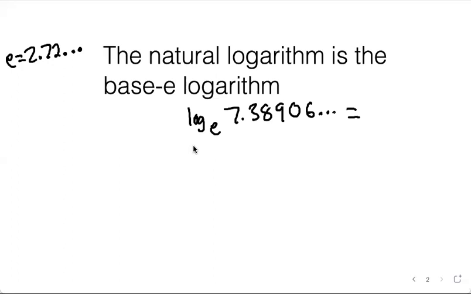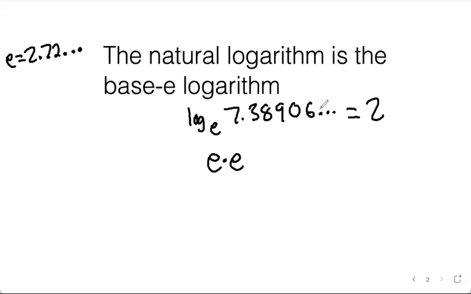Well, didn't we just say that 7.38906 was literally e times e, right? This is e times e. Okay, so how many times do we have to multiply e to get the number? Two times. So the answer is two. Okay, that wasn't too bad.